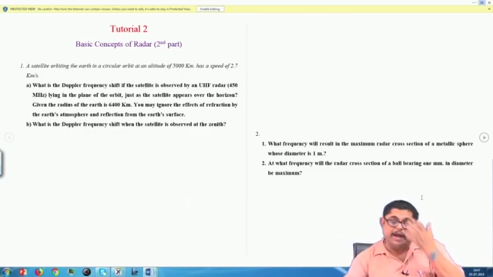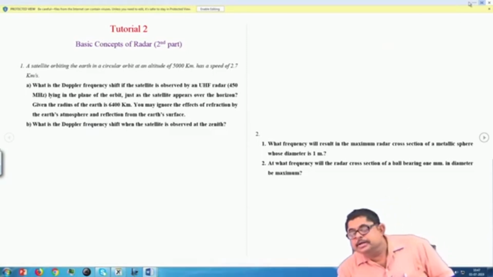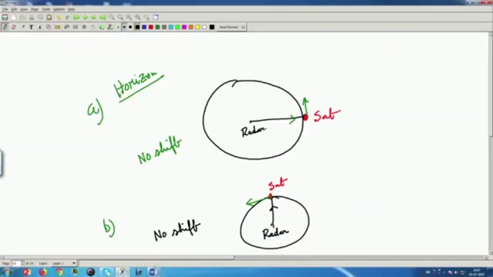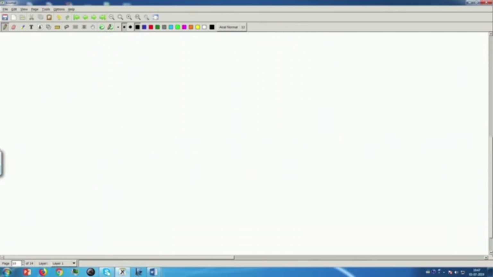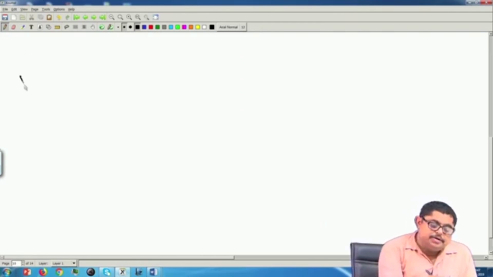Just to give you an idea what the frequency is there. So, these are two problems, 1, 2, so the third problem, let us say.